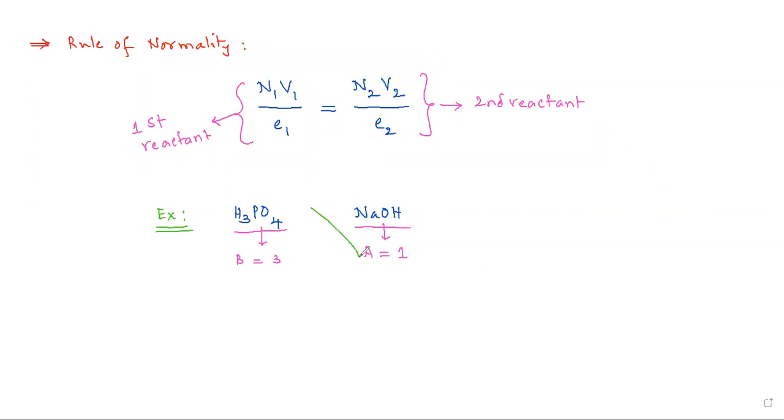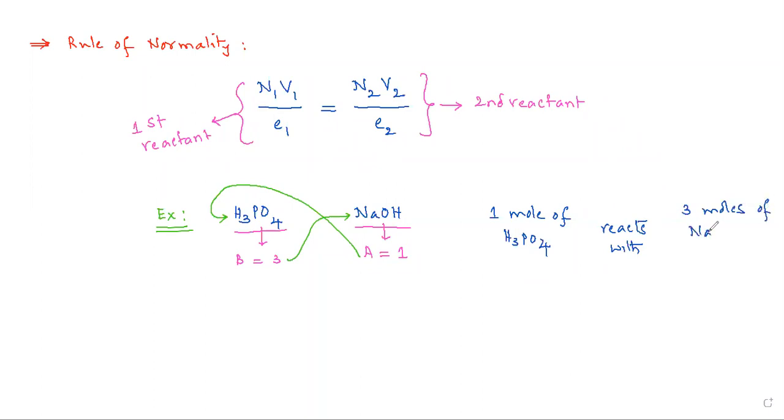Acidity is the number of moles of base a acid can react with, and basicity likewise. So, let me say that 1 mole of phosphoric acid reacts with 3 moles of sodium hydroxide.